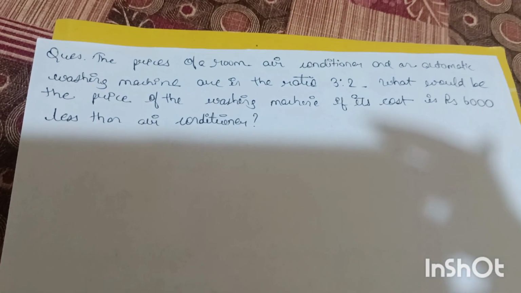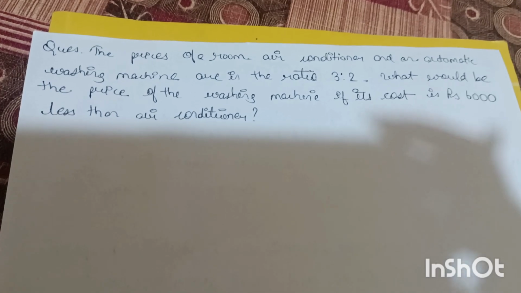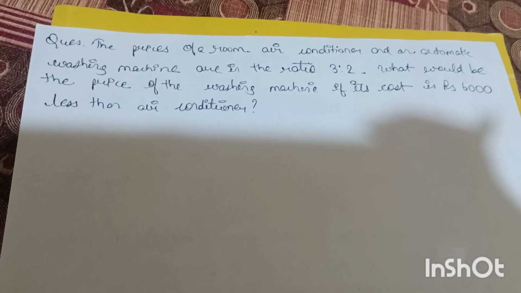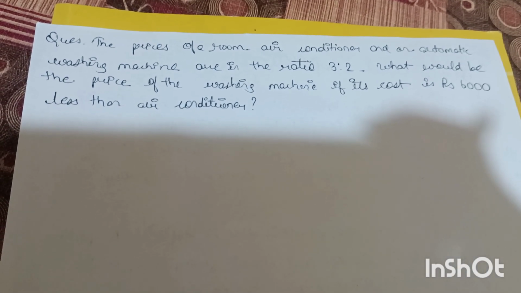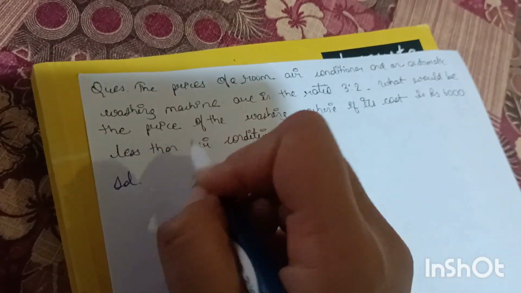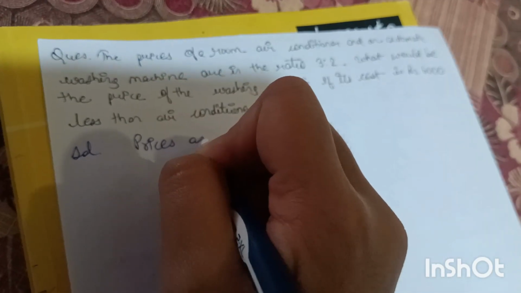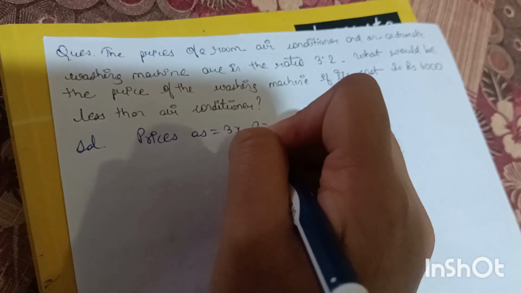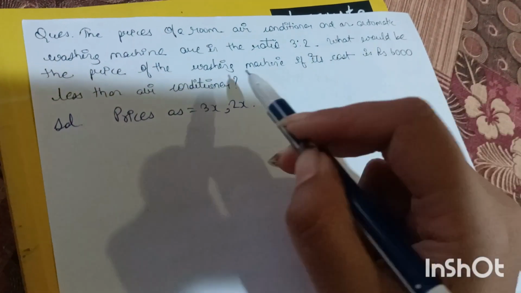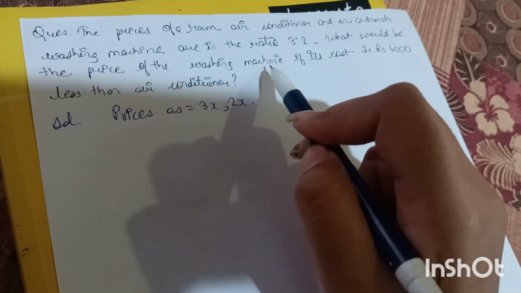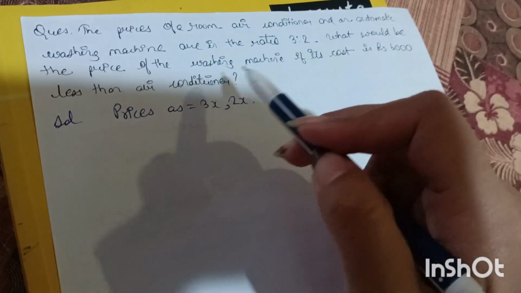So the next question is on your screen. You may solve it out. So for this question, let's take the prices as 3x and 2x. So price as 3x and 2x. We have been given that the washing machine cost is 6,000 less.